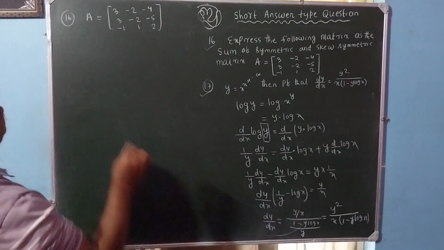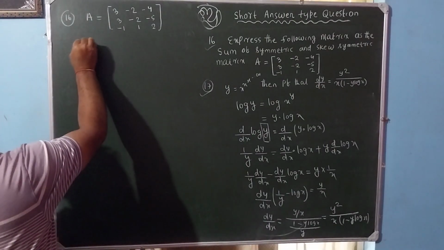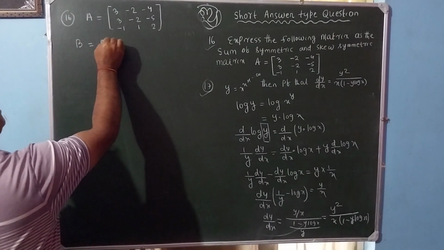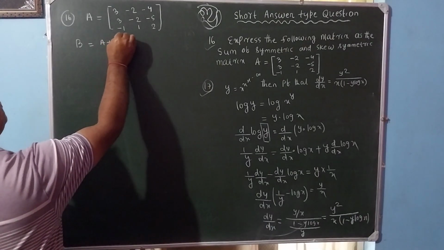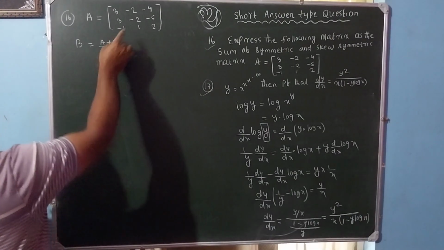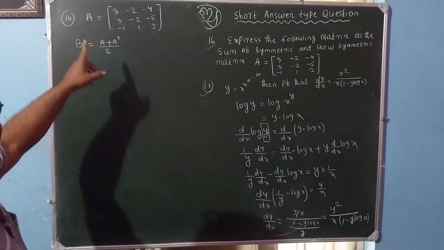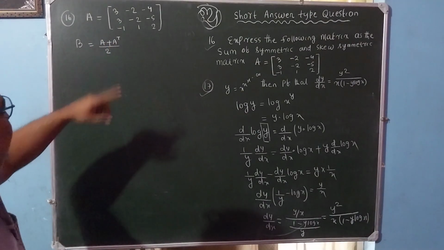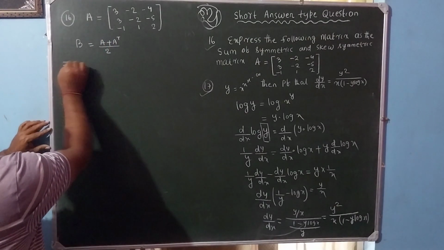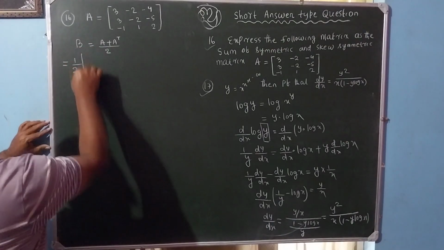So first of all we write B is equal to (A plus A transpose) by 2. It is always a symmetric matrix. I am taking A plus A to the power T by 2. So 1 by 2 is a constant.